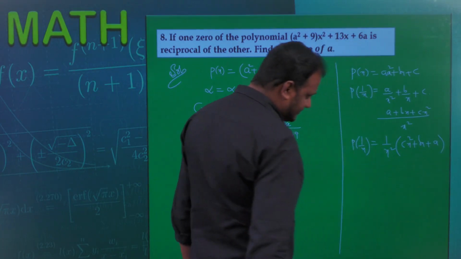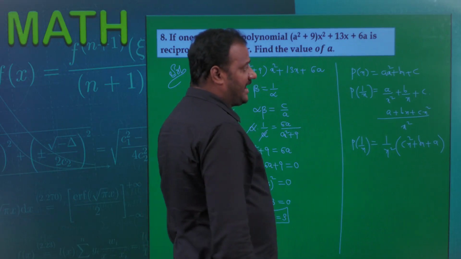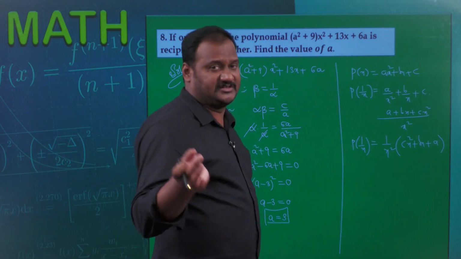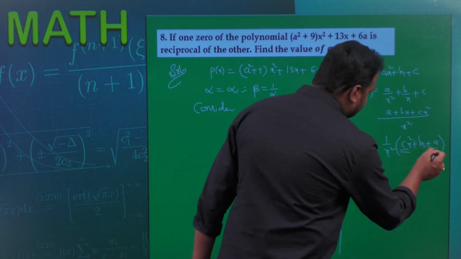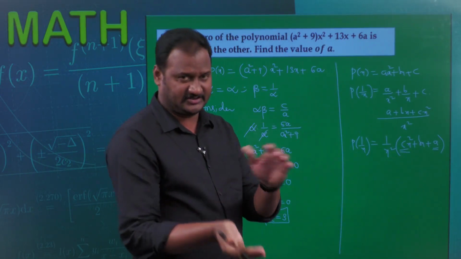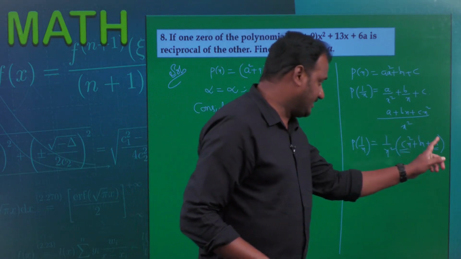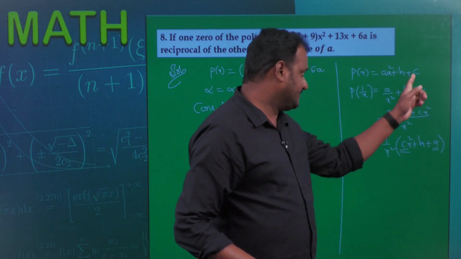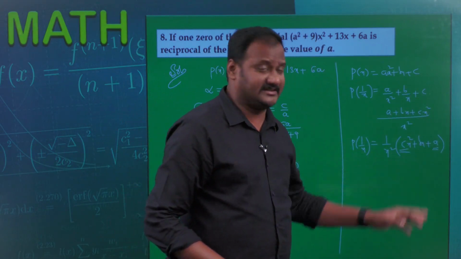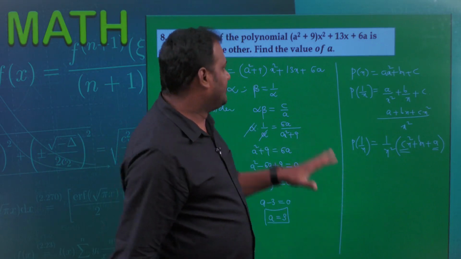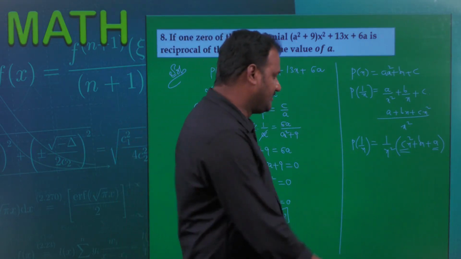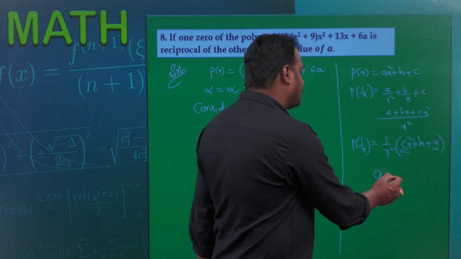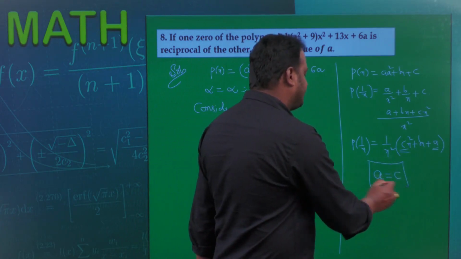So it means, if you have the information that one zero is the reciprocal of the other, see here, these two places are being interchanged. A becomes c and c becomes a, but b remains unchanged. So if one zero is the reciprocal of the other, simply go by a is equal to c.